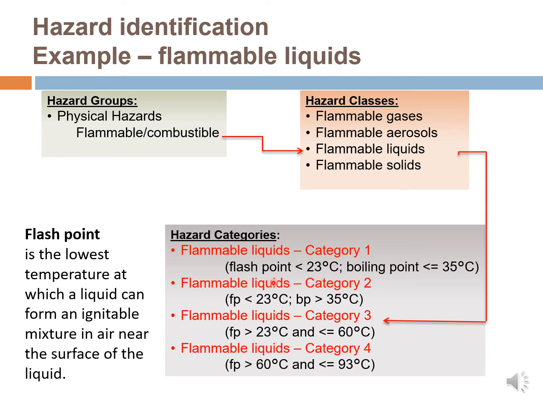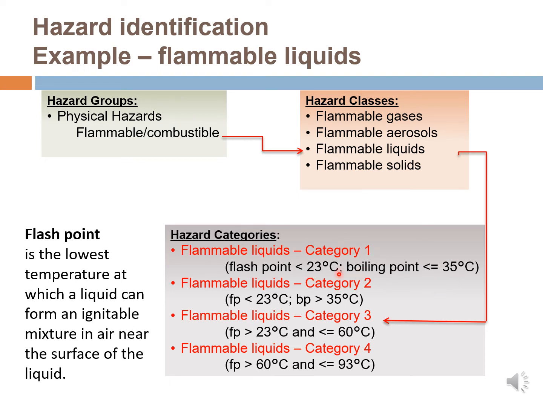And of course this reflects the degree of hazard. For instance, in category 1, flammable liquids have a flash point temperature less than 23 degrees Celsius, while the boiling point temperature is equal to or less than 35 degrees Celsius.